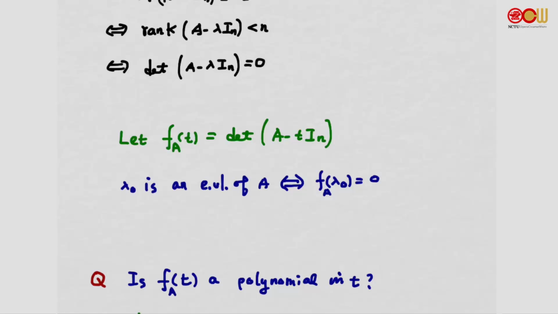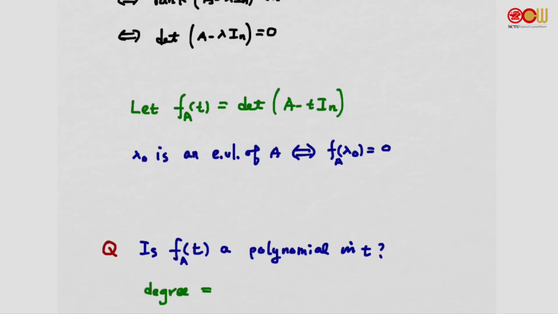That's indeed true. How about the degree of such a polynomial? If A is n by n, what is the degree of the polynomial? The degree of this polynomial for an n by n matrix A will be equal to n.